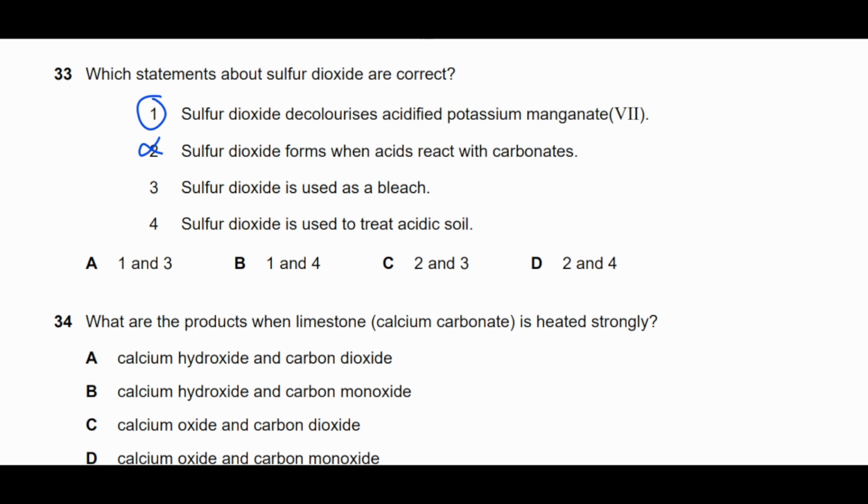Sulfur dioxide is used as bleach. That is true. Sulfur dioxide is used to treat acidic soil. That's not correct because sulfur dioxide is acidic to begin with. Okay, so sulfur dioxide actually has bleaching properties. So the answer is A, 1 and 3.